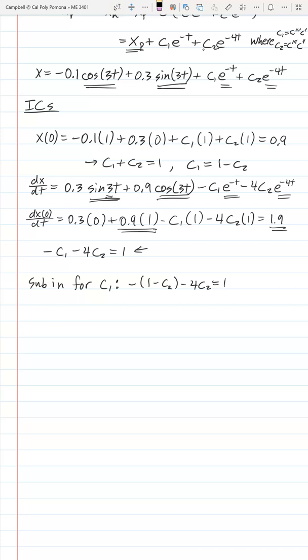So clearly we get a negative 1 over here, take it on over to the other side, we're going to get a 2. Here we have a negative 1 times a negative 1, that's going to be a positive 1. Positive 1 minus 4 is going to be negative 3. So we end up with negative 3 C2 is equal to 2, or C2 is equal to negative 2/3.